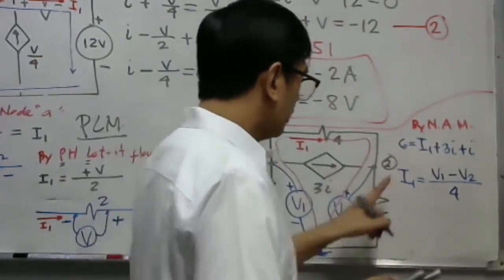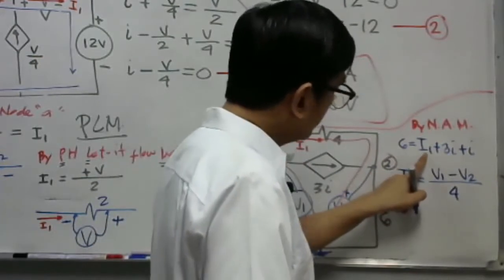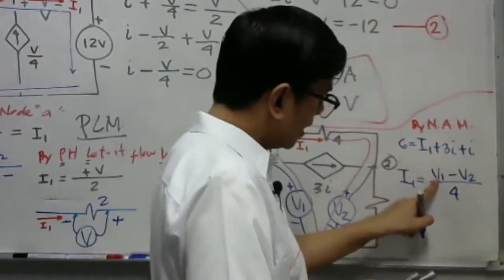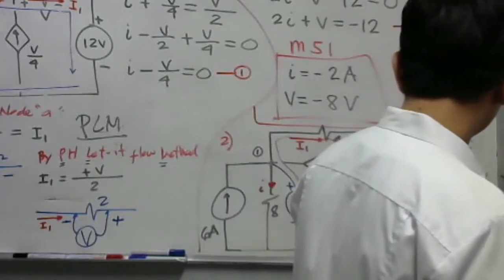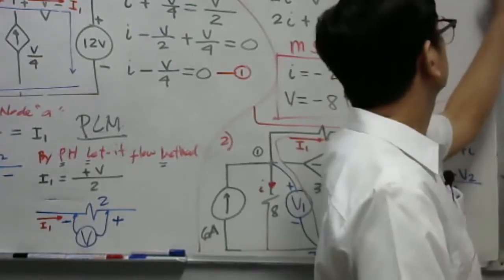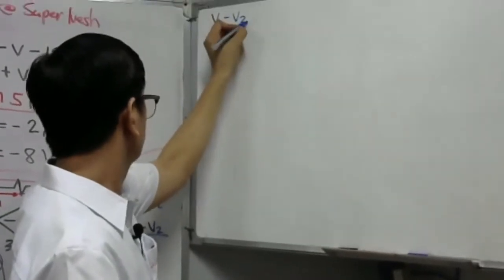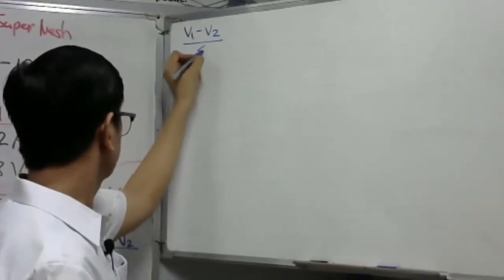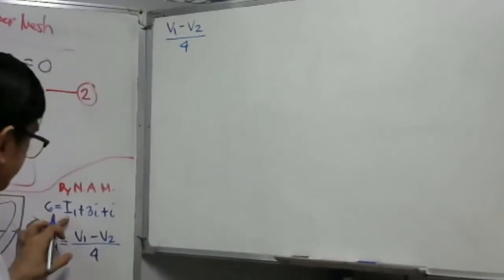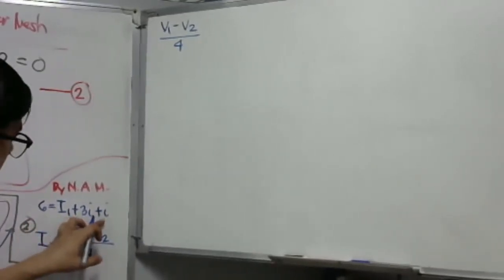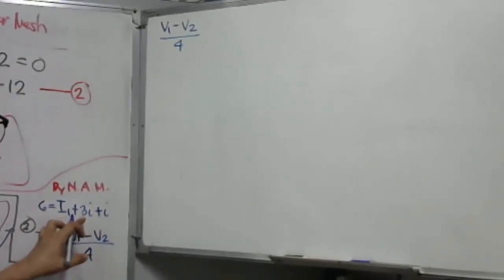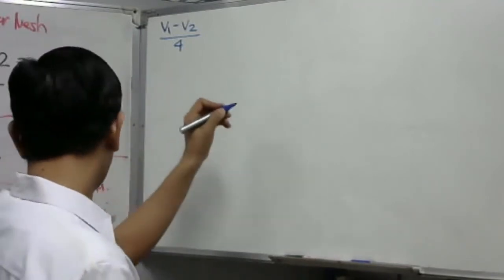So we have here I sub 1, which is B1 minus B2 all over 4. I will put it here: B1 minus B sub 2 all over 4 for I sub 1, plus 3I plus I. This is actually 4I, plus 4I.